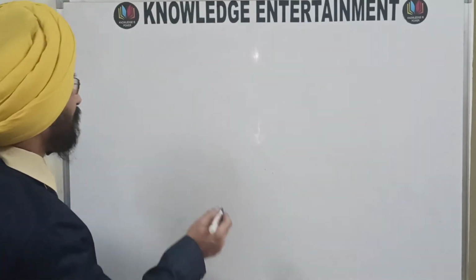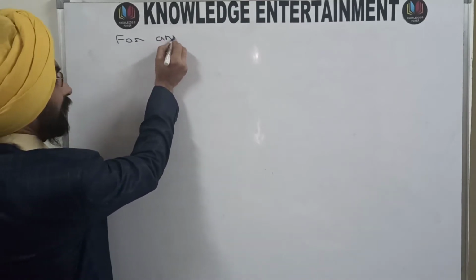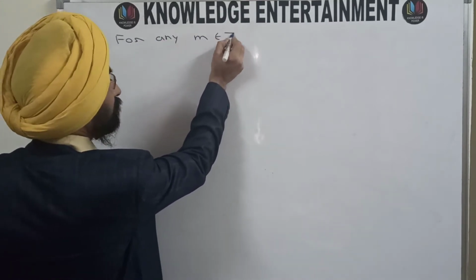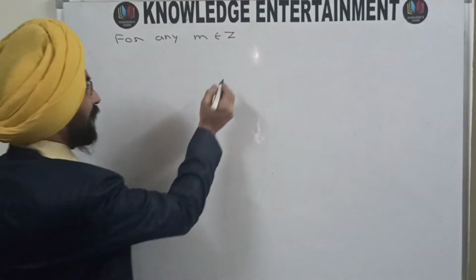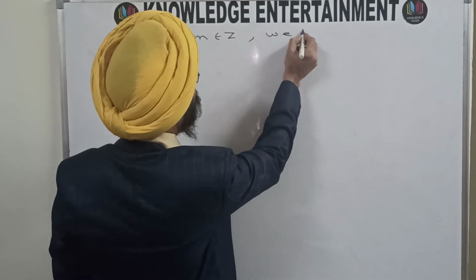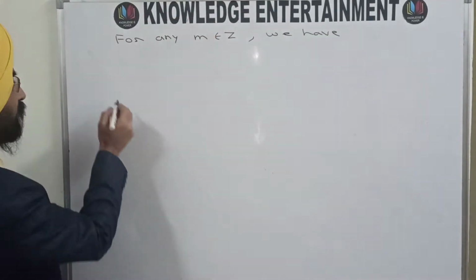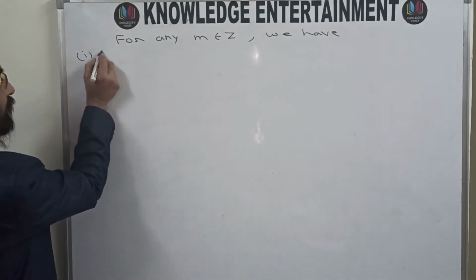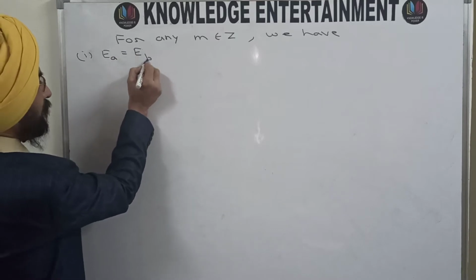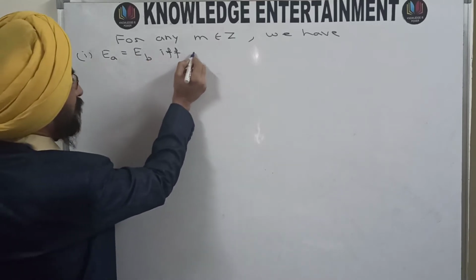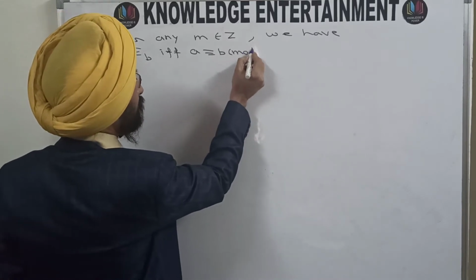So what are these properties? For any m belonging to Z, that means for any integer m, we have some properties which we are going to prove as well. The first one is Ea is equal to Eb if and only if a is congruent to b modulo m.